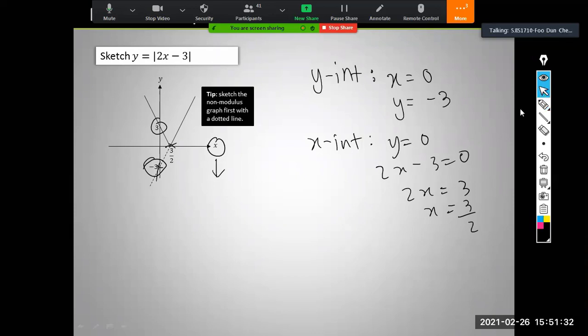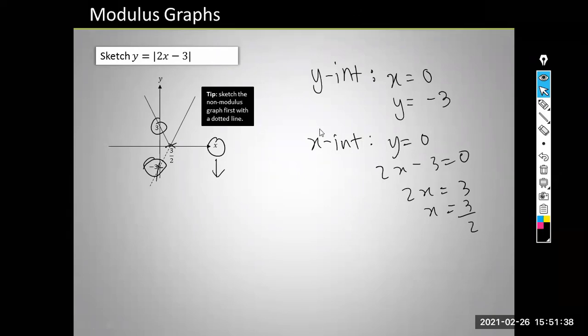Is that something we do for the inverse function as well? If you are sketching an inverse graph, it will be reflected differently. For modulus, everything below the x-axis, the negative part, will become positive.